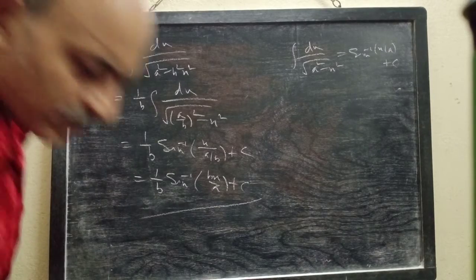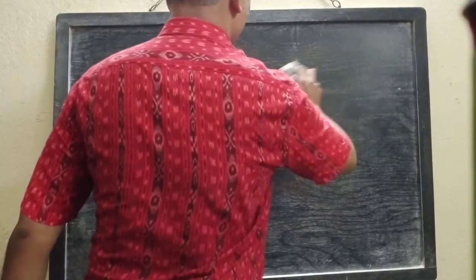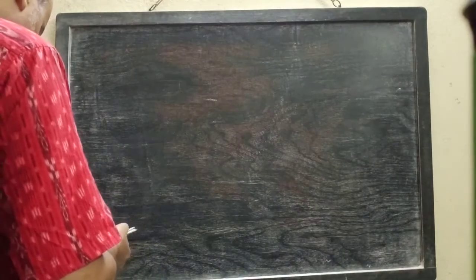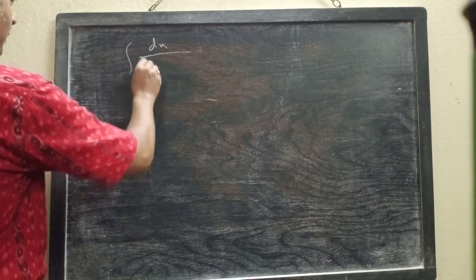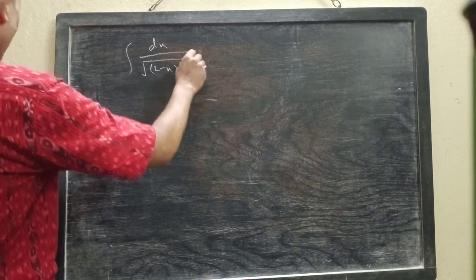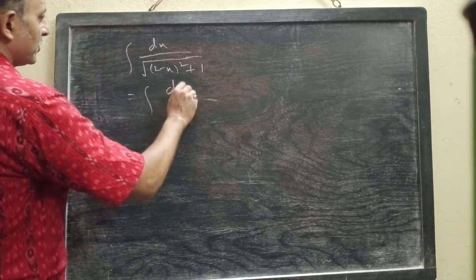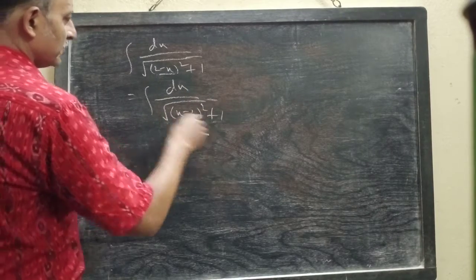And the last one of this section. Integration dx by under root 2 minus x whole square plus 1. How will we do this? Look, I can write it in this way. This 2 minus x can also be written as x minus 2 whole square plus 1.